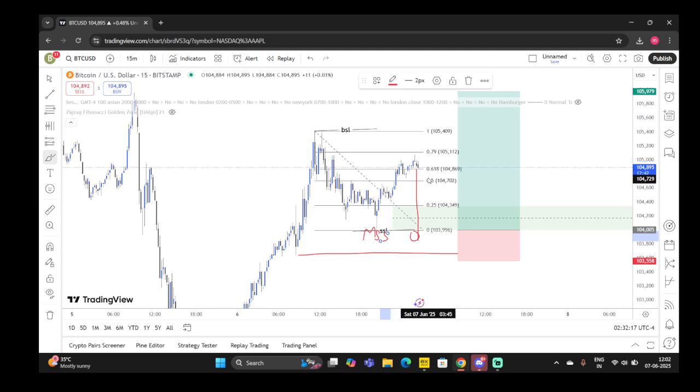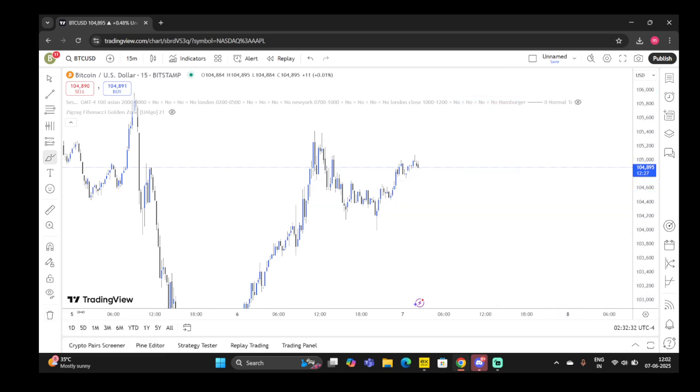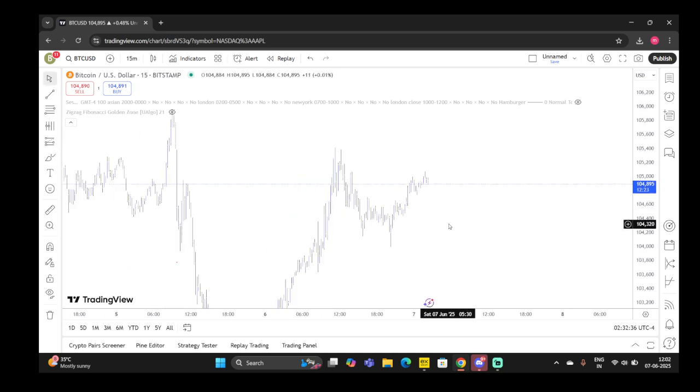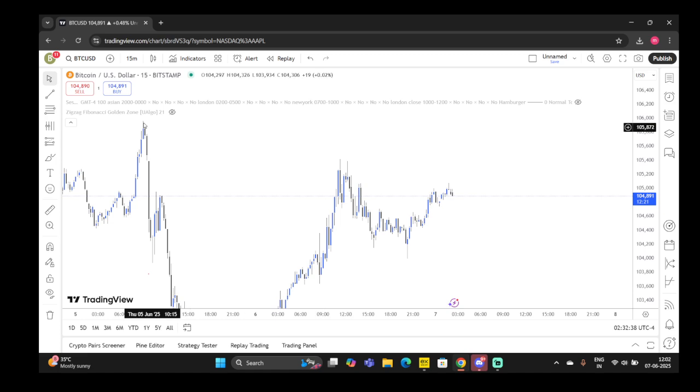Then you look for an FVG order block, and then you go for a sell in the downward direction. But at present, this is my first choice. Stop loss, you should keep very small.